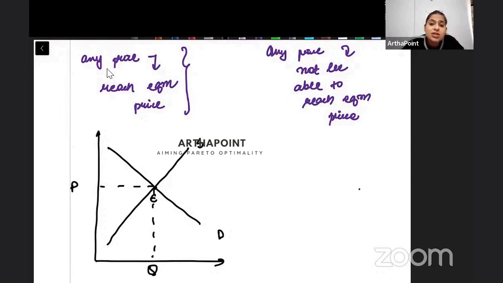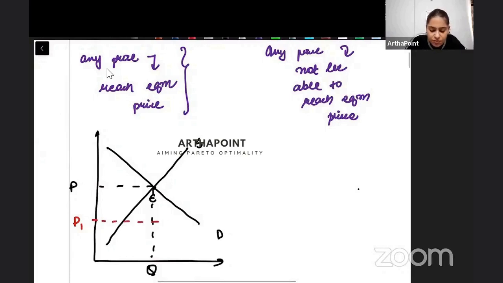But the question is, what happens if I take any price which is not the equilibrium price? Let's say I take a price like P1. What happens at this price? At this price, demand is more and supply is less.